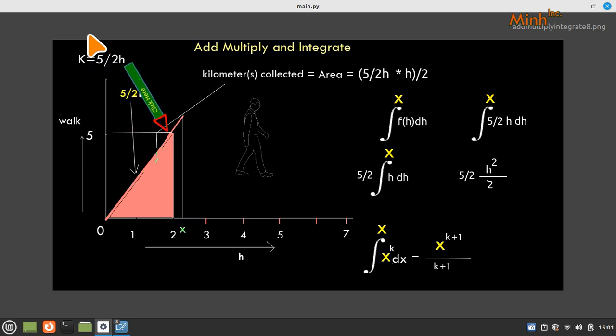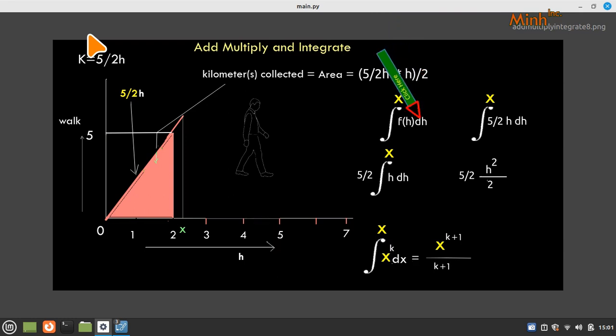At any moment the height of this rectangle is 5 by 2h, and at the 2nd hour it is 5. So the area of the rectangle is 5 by 2h, that is the height, into the width h. Now if I talk about the triangle, divide by 2. So the area of this triangle is the area of the rectangle divided by 2.